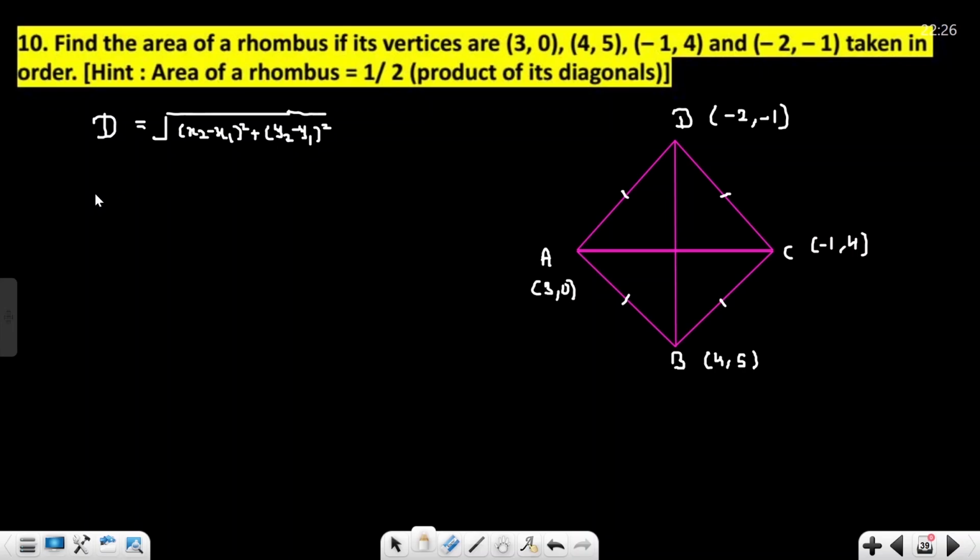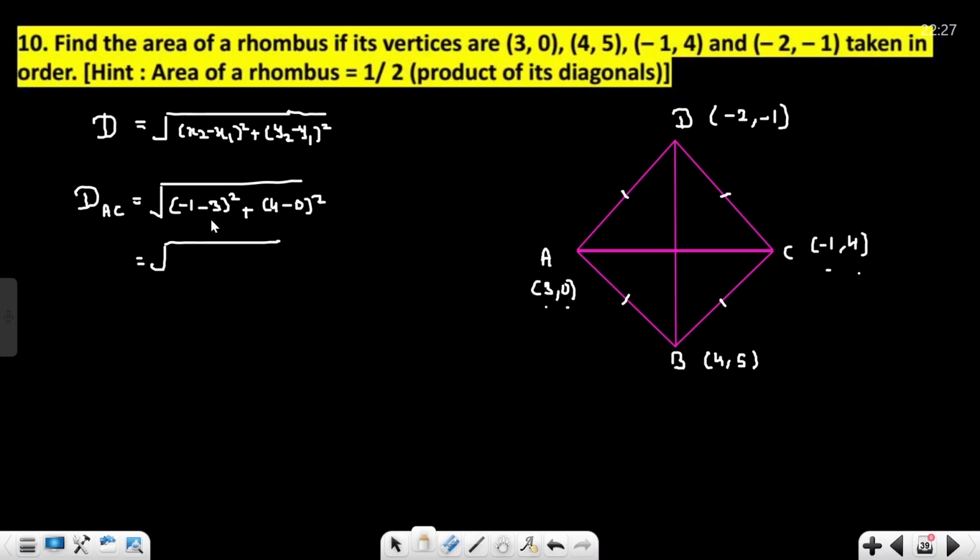Now the first diagonal is what? AC. AC distance is what? Just apply the values. Minus 1 minus 3, and 4 minus 0. Give here the names x1, x2, y1, y2 and put the values.